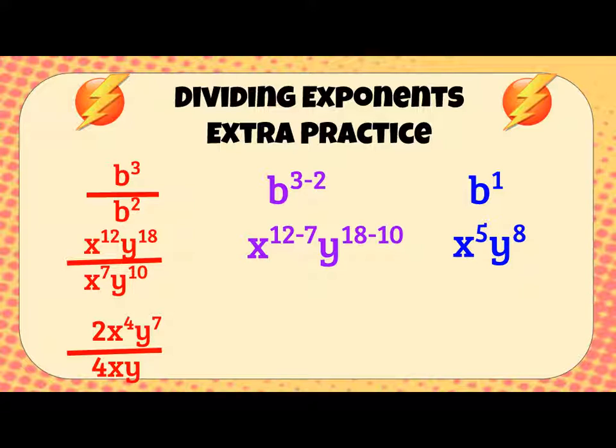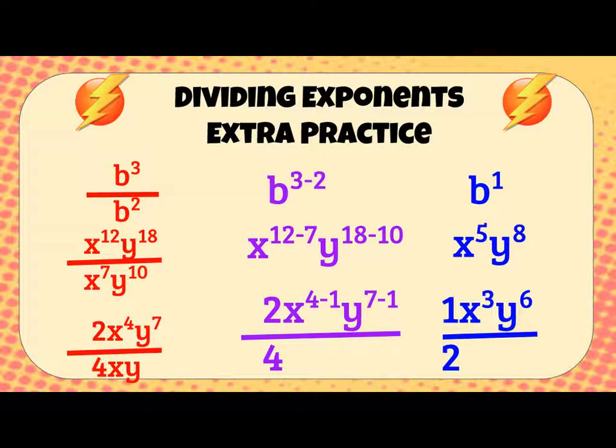And then this one has coefficients in the front, so we need to divide out the coefficient. So we really have 2 to the x 4 minus 1, y 7 minus 1. So it really is 1/2, or you could put a 0.5 in the front. There's nothing wrong with that. x to the third, y to the sixth is really what this one ends up being.